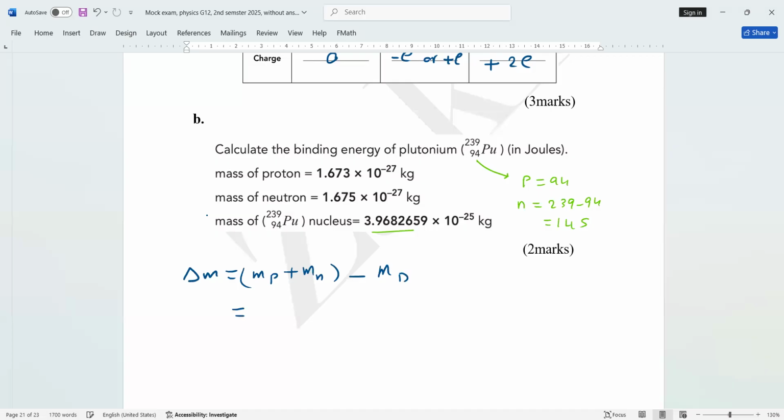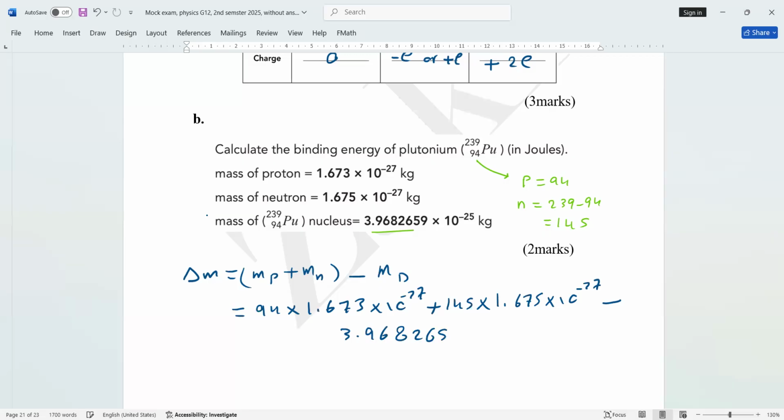So proton here is 94 multiply 1.673 times 10 power negative 27, plus neutron, it's 145 multiply 1.675 times 10 power negative 27, minus the mass of nucleus 3.9682659 multiply 10 power negative 25.